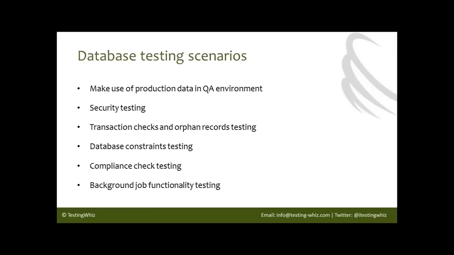So you have a scenario wherein data is already available in production and you would like to dump it in the test environment. There are various steps involved: you connect to the production database, export the data, then connect to the test environment and import the data back into it. This kind of scenario can be directly mapped with the help of testing whiz very easily.